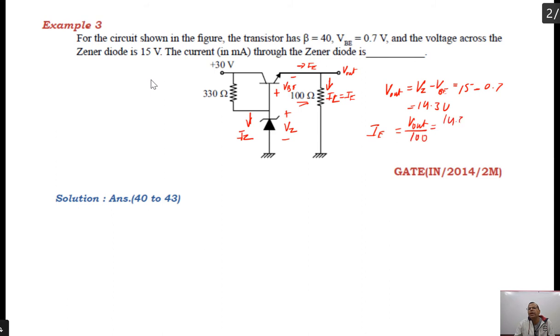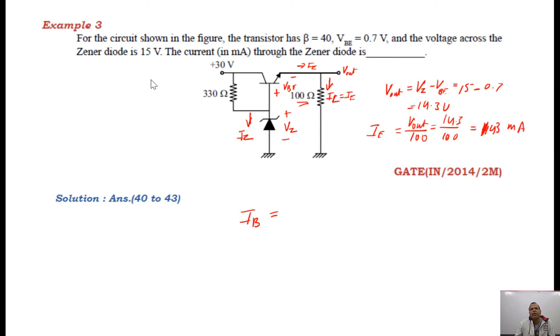So 14.3 by 100. So that gives you how much? 0.143 ampere, or we can say 143 milliamperes, right?